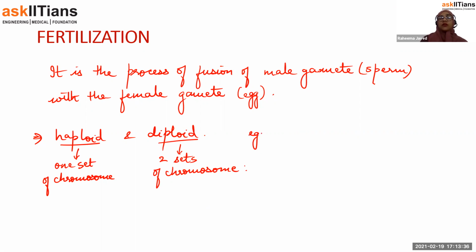Example I'm going to give you of a human cell. A somatic cell is diploid, and when we write diploid, we represent it by 2n. When we write haploid, it is represented by just n.